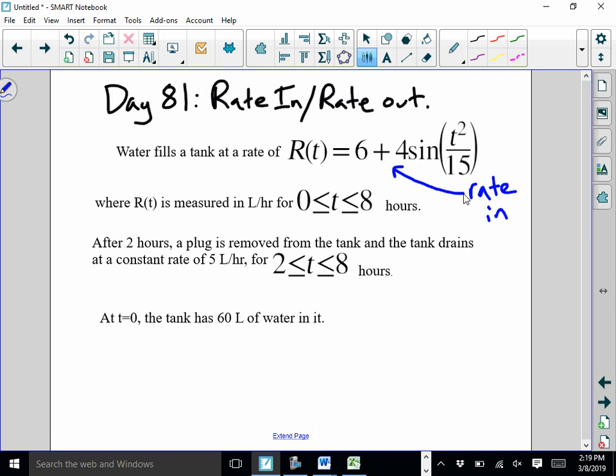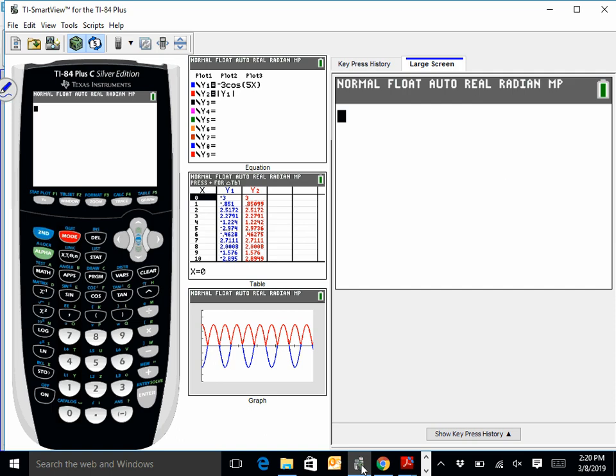The first thing I want to do right now is graph that function on my calculator. And again, I've been telling you guys this in class, but you only need to type this function in once. Just make sure you type it in correctly that one time. So I'm going to my graph screen here. I'm going to clear the junk that's in there.